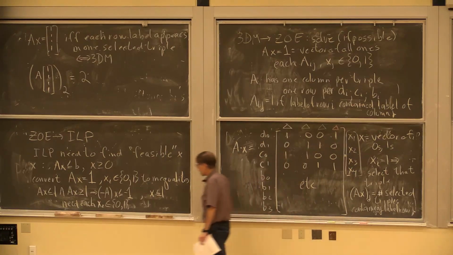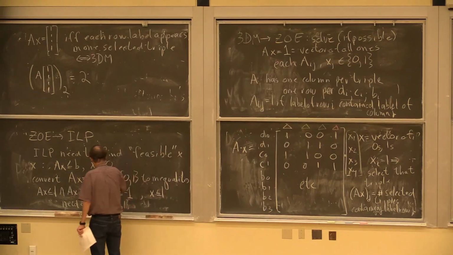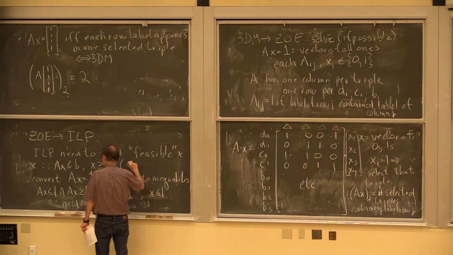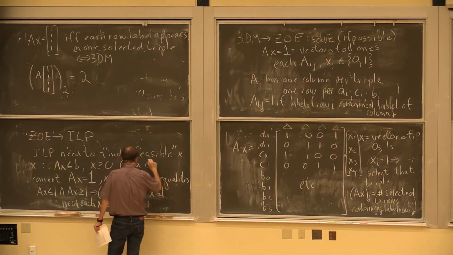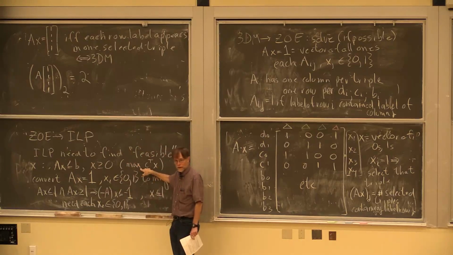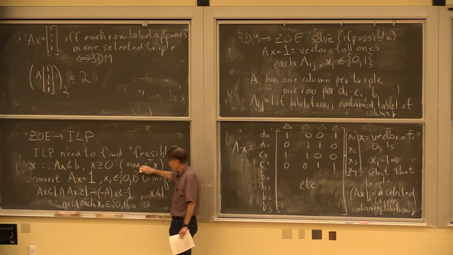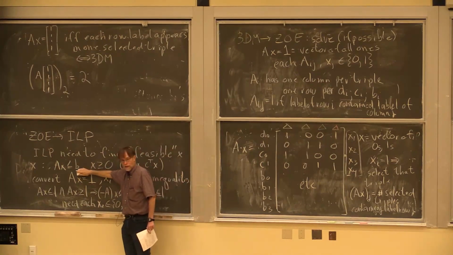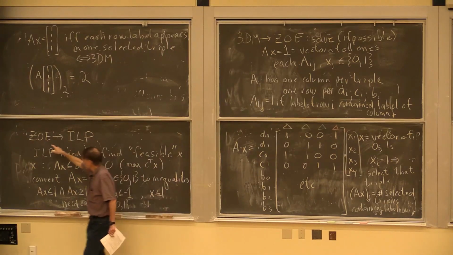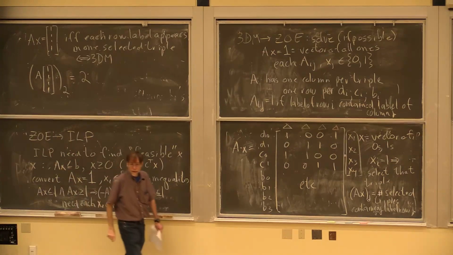Sure. I mean, integer linear programming, I have this, and then I might also want to maximize c transpose x. That goes along with an integer linear program. I didn't even bother writing it down because all I needed to do was find any feasible solution, and that's good enough to solve my 0-1 equations.